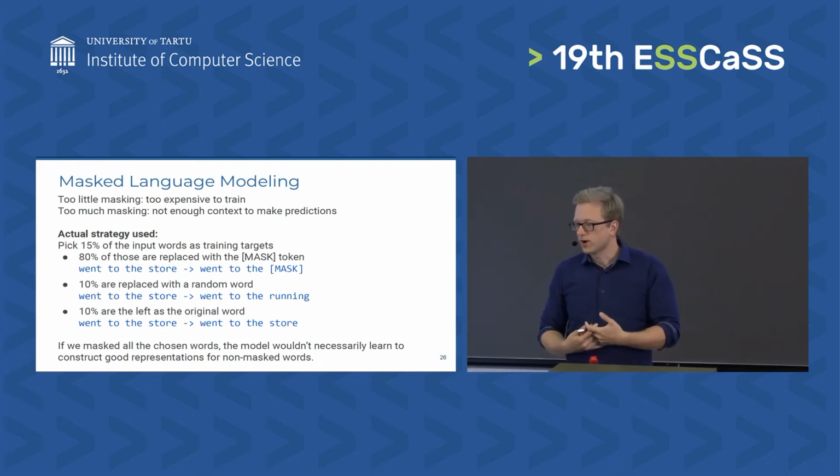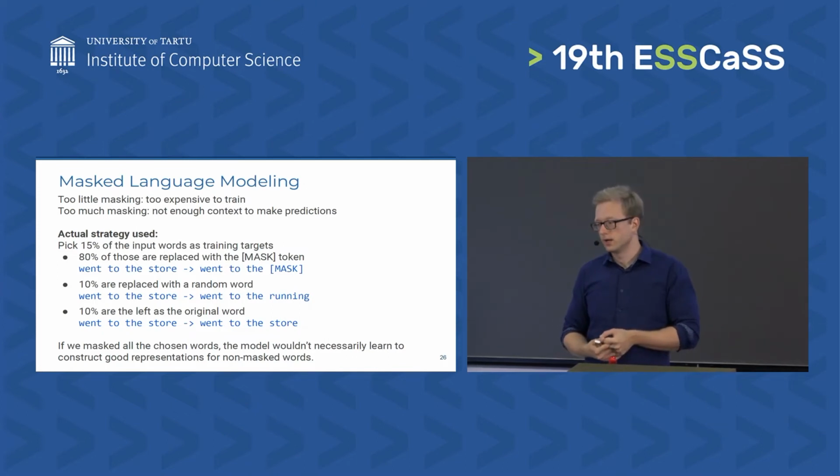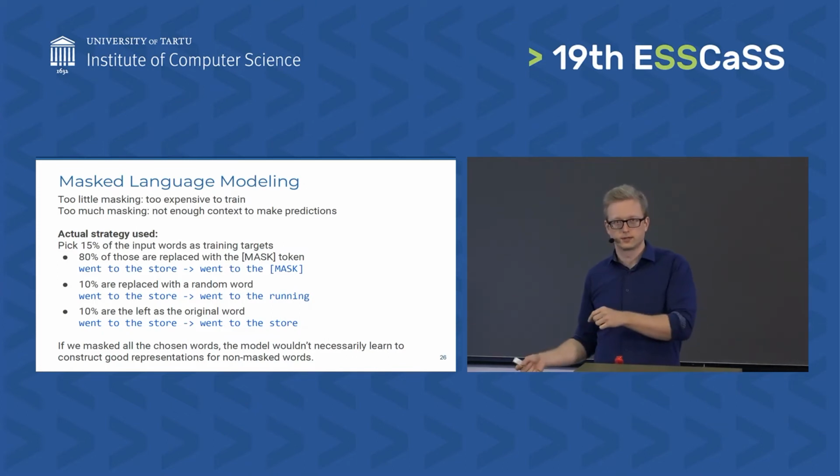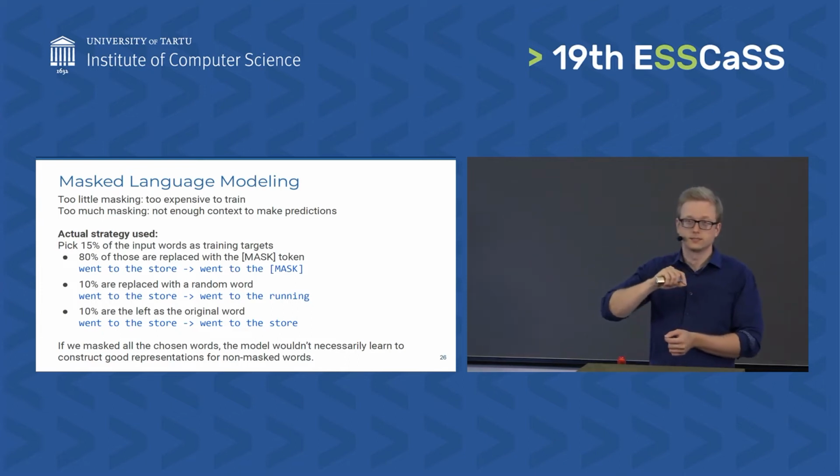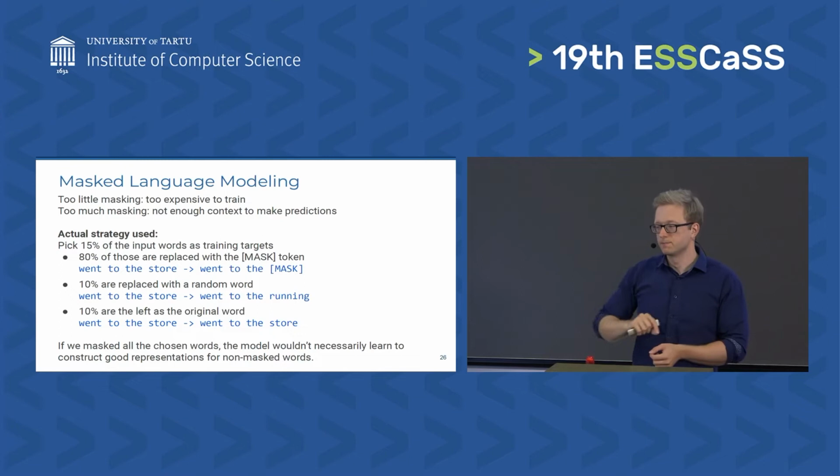So the actual strategy used in BERT is to pick 15% of the input words. Then 80% of those are replaced with a mask token, 10% are replaced with a random word, and 10% are left as the original word.